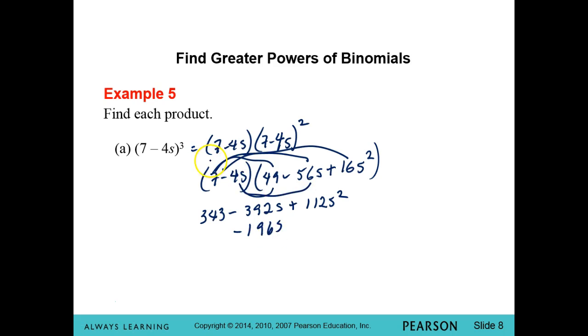Second times second is plus 224s squared. Excellent. And then the last, minus 64s cubed.